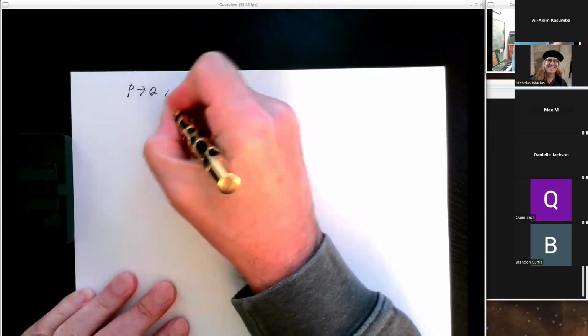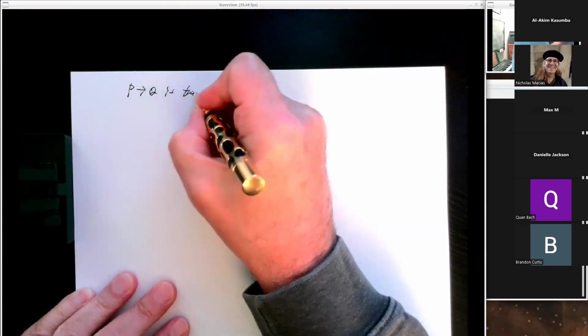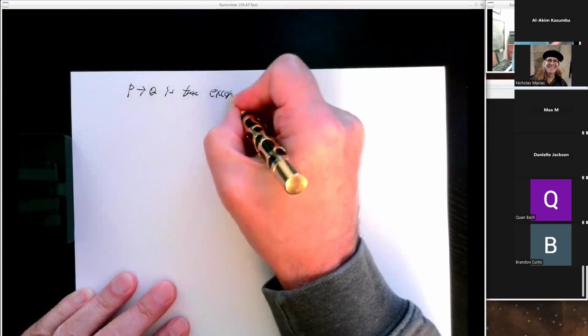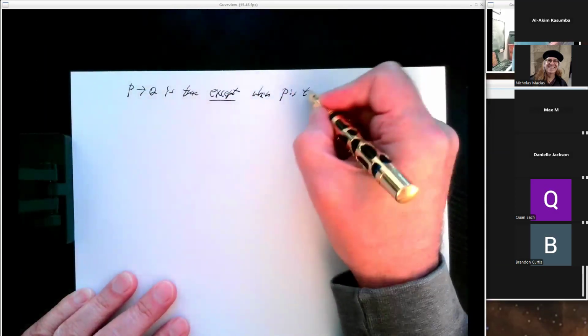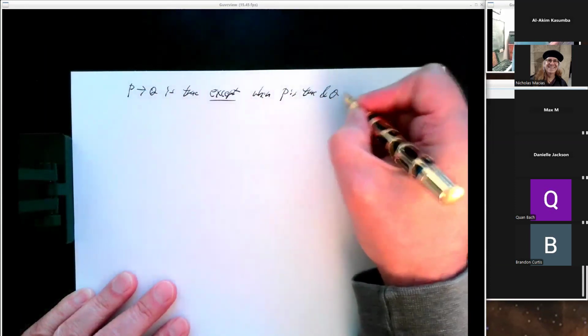So if P, then Q is true, except when P is true and Q is false.